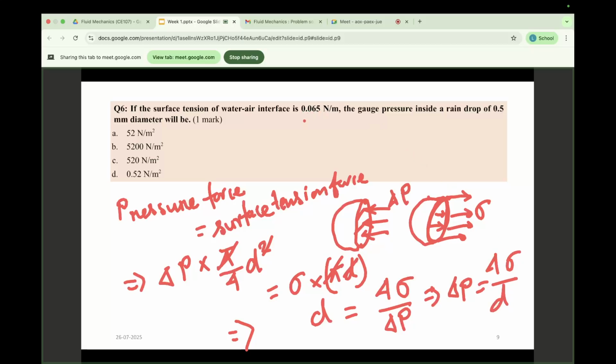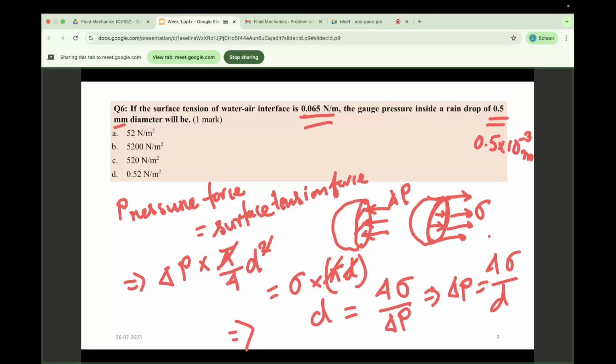Sigma is given, and the diameter is given as 0.5 mm. I have said that you have to keep the units the same. One is in meter and one is in millimeter, so it should be converted into meter, 0.5 into 10 to the power minus 3 meter.